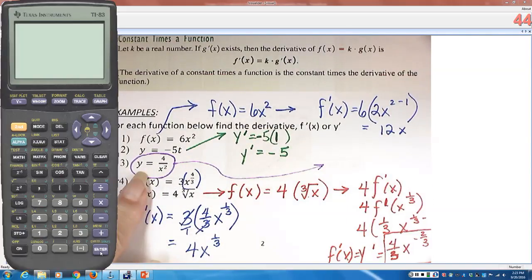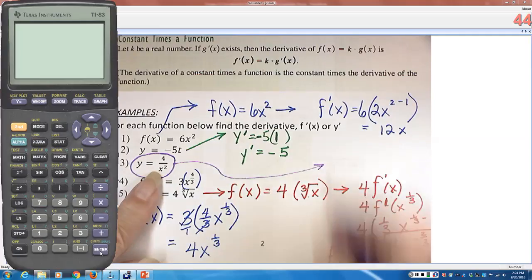Y equals 4x to the 4 over x squared. Help me rewrite that so that I have something I can use the power rule on. Yeah, 4 times x to the -2.